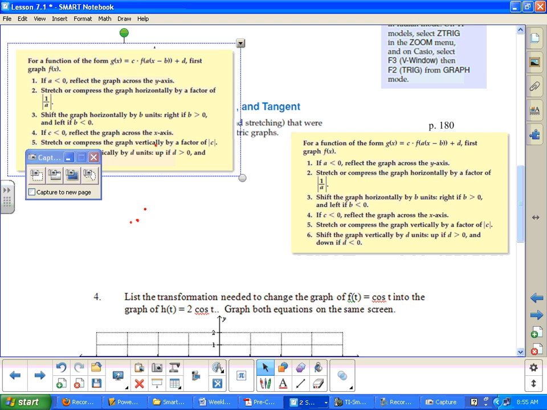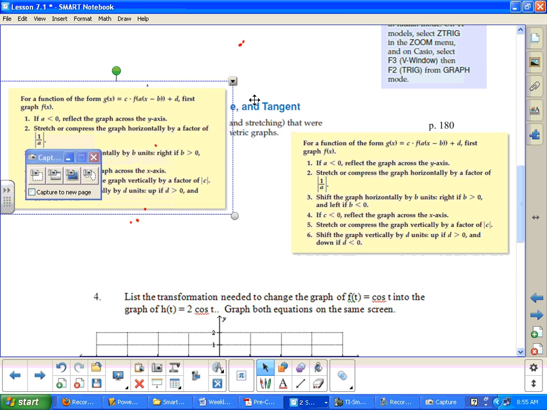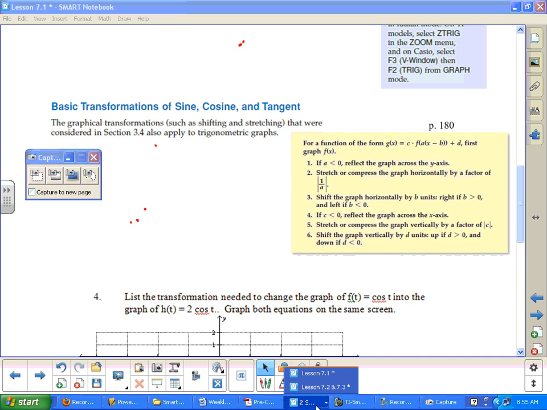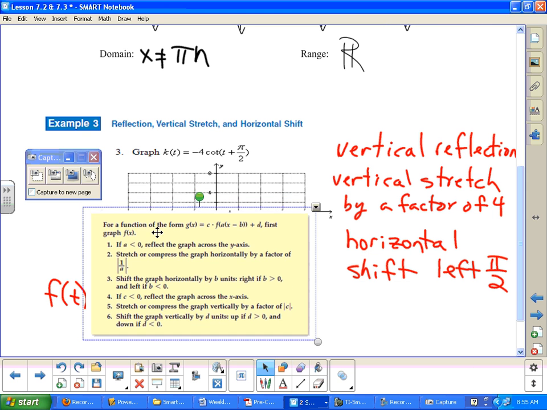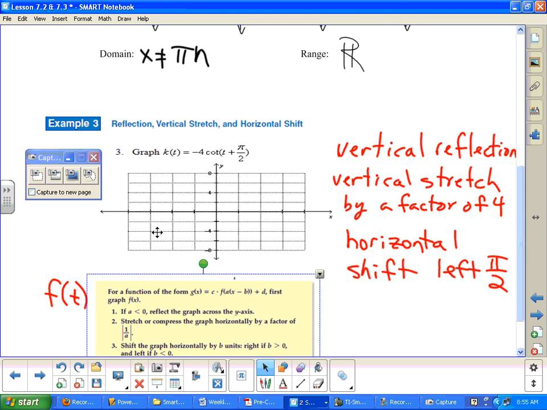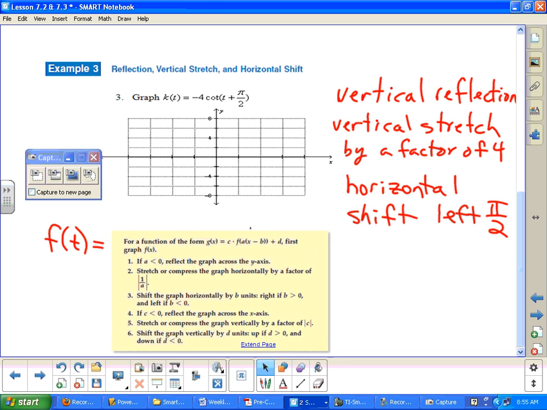Okay, so it all comes from here, a reminder of that again. We've got the value of c is -4. The value of b here is negative pi over 2, which means our shift is to the left. And now the graphing of this becomes a little bit tougher.